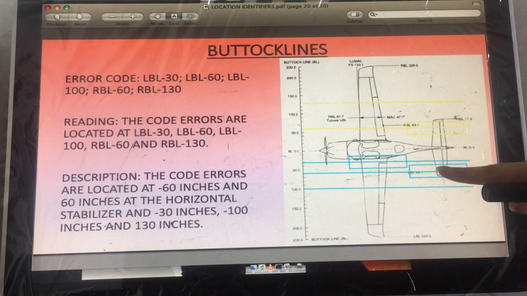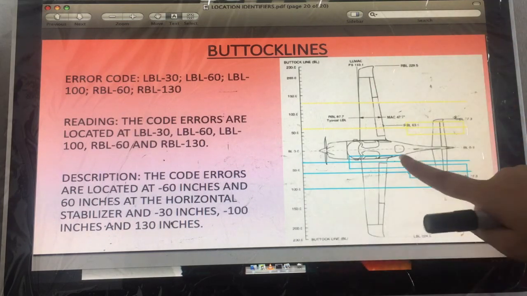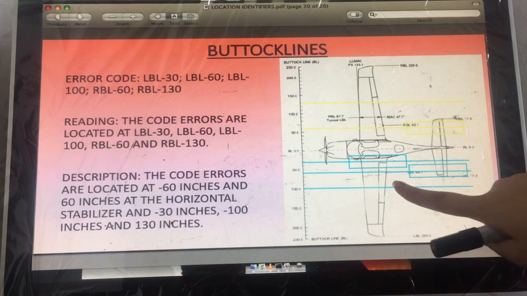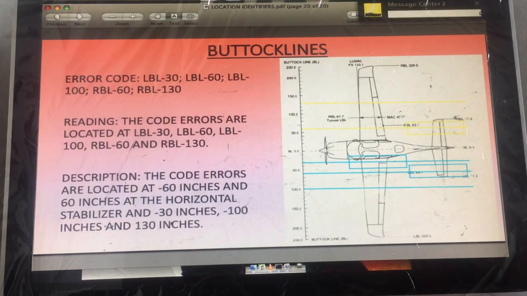Kasi dito yung naka-box. And, ilagay nyo na yung mga nasa wings. Unahin yung LBL. Negative 30 inches, negative 100 inches, and the RBL, 130 inches. So, actually, that's all for the location identifiers.